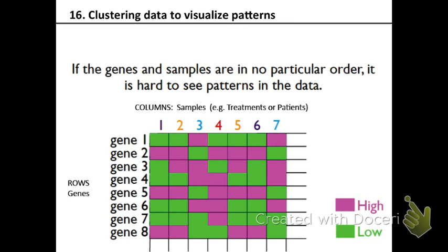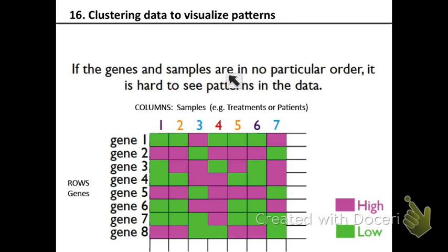So essentially what you want to know is which genes are expressed more in the patients versus which genes are expressed in the normal. That's kind of the pattern you want to see.